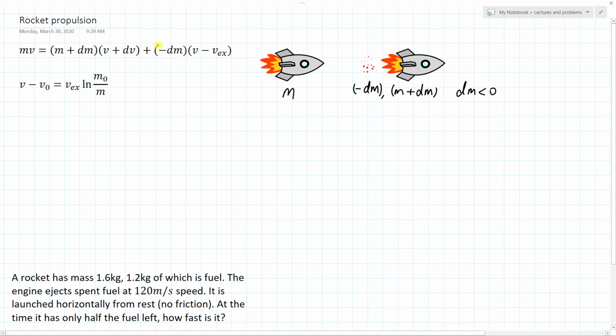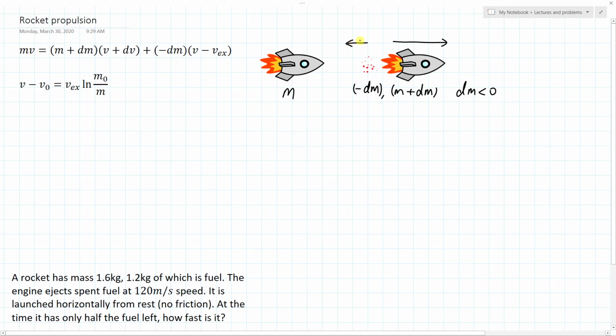And then this is the spent fuel, and this is that spent fuel's velocity. Let's try to understand this, because the rest seems more straightforward. You have the total mass moving at the total speed. You have a part of the mass moving at a slightly higher speed, the rest moving at a different speed.